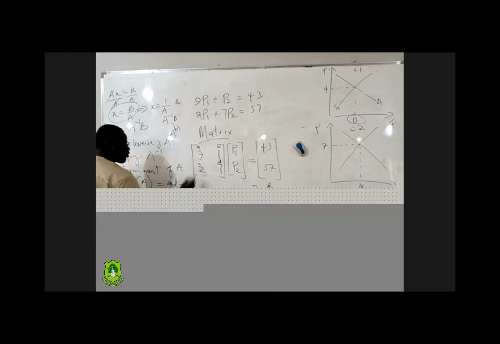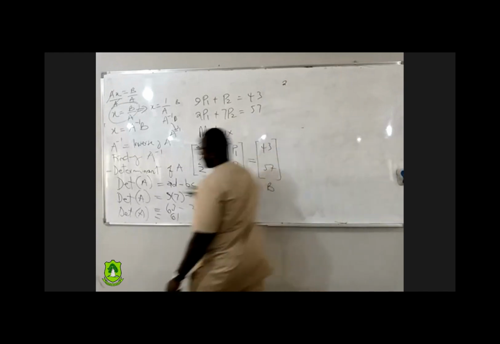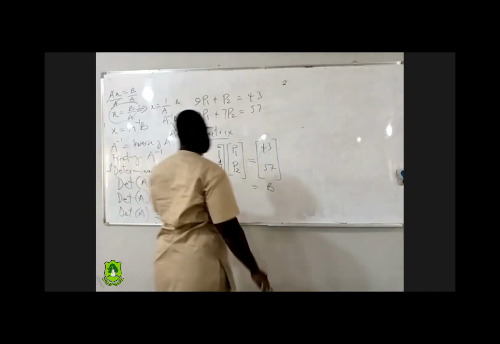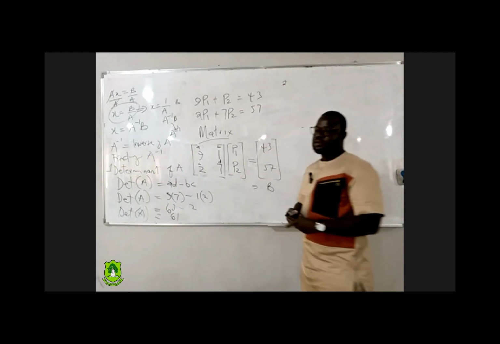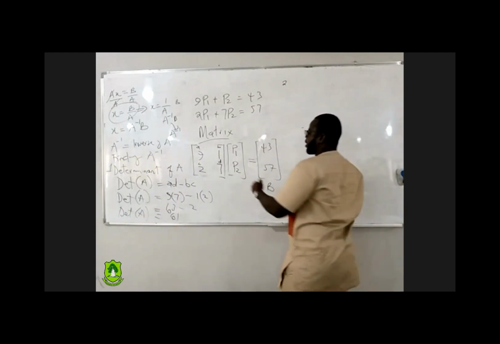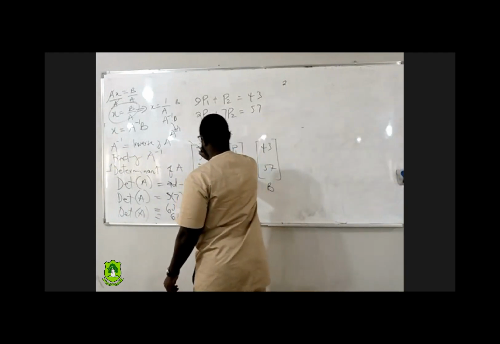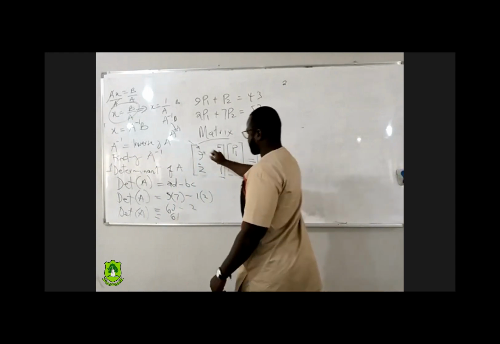Now let's look at the second step. So this is the first step. The second step will involve, please note, the diagonal.